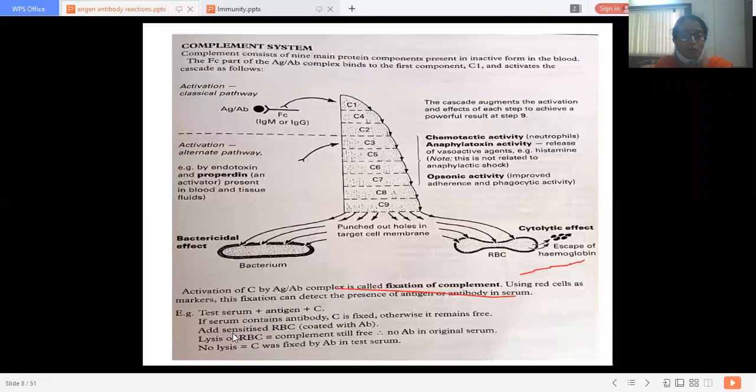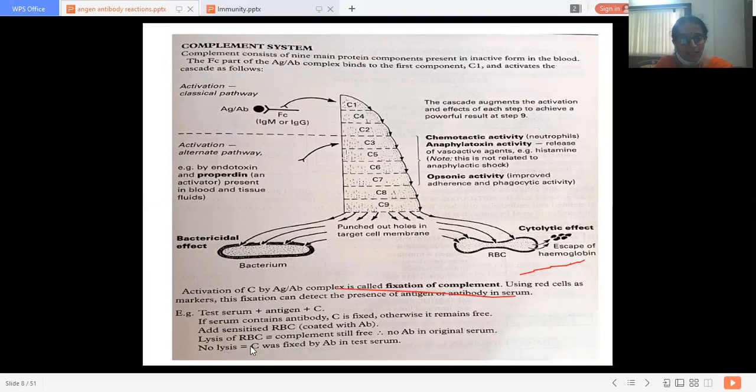So add sensitized RBC, that is coated RBC. Whenever sensitized RBCs are added, there is lysis of RBCs and escape of hemoglobin. So the complement is still free, meaning no antibodies in the original serum.